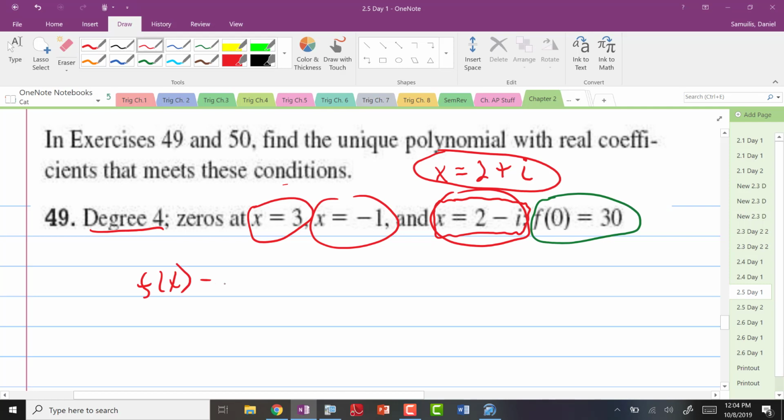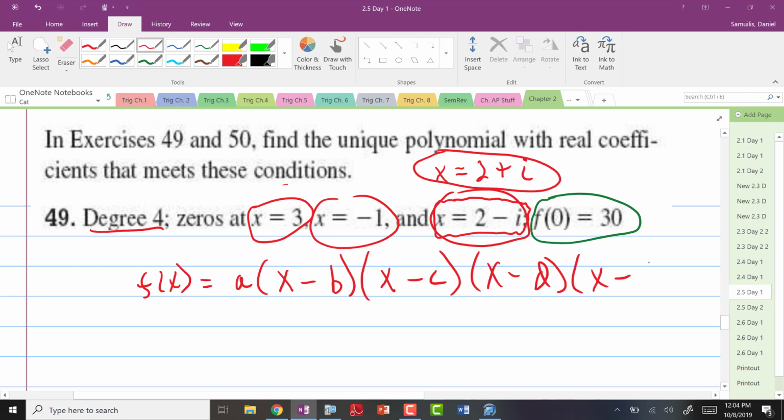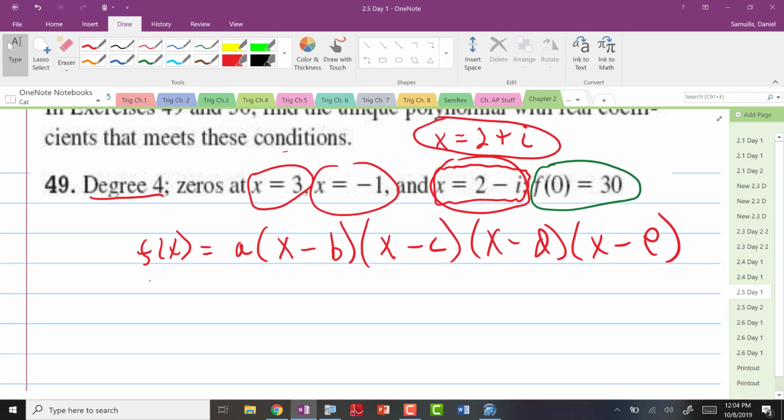f of x equals a times x minus b, then x minus c, x minus d, x minus e. Then I ask you, what goes in for f of x? What number? What happened yesterday? 30 went in for y. What goes in for a?